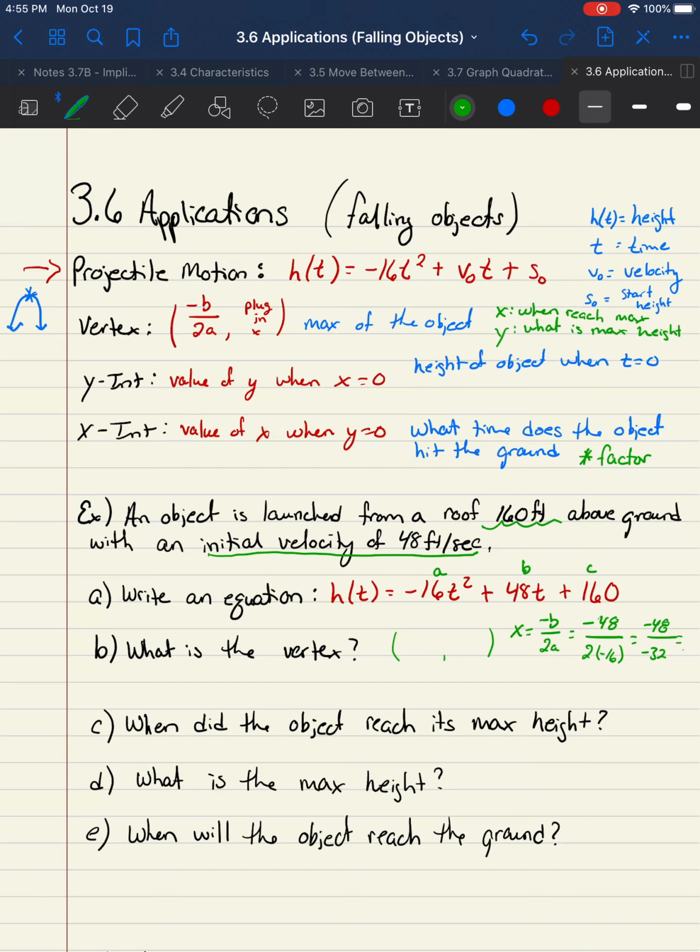So I've got negative 48 over negative 32. And when I divide that, I get 1.5. So that's the x value of my vertex.